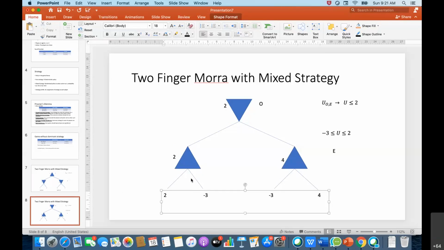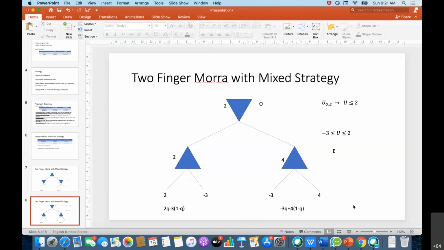It is again 2Q minus 3 into 1 minus Q here, and it is minus 3Q plus 4 into 1 minus Q. So this is how we can represent the things.